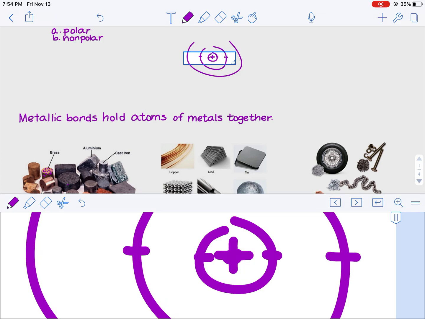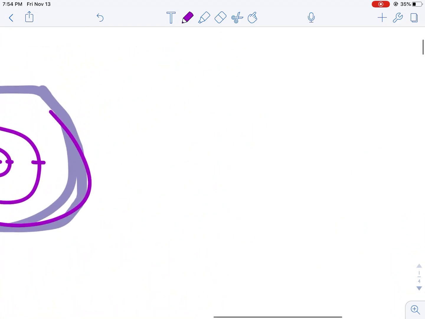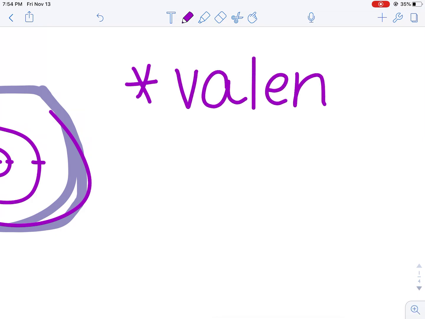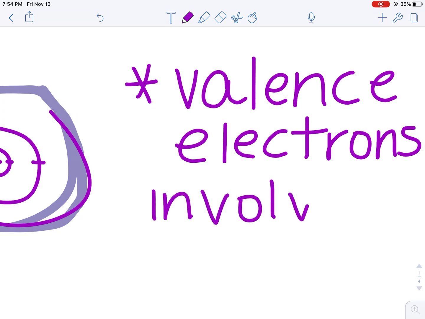But what is it that makes one atom bond with another atom? And that has to do with the valence shell. It is absolutely imperative before we get any further that we all understand it's the valence electrons that are the ones involved in bonding.